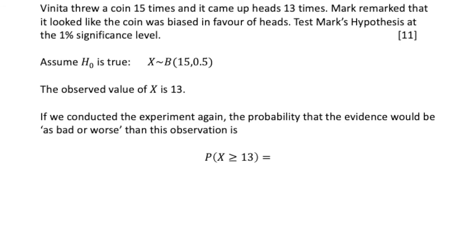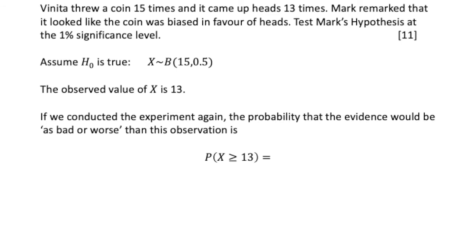As bad or worse means at least as far away from the null hypothesis observation. Now bear in mind that for a binomial distribution with parameters n equals 15 and p equals 0.5, tossing a coin 15 times, I would expect on average to have got 7.5 heads.